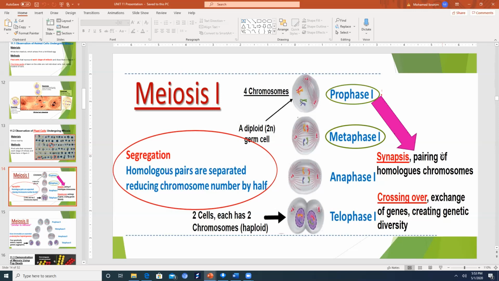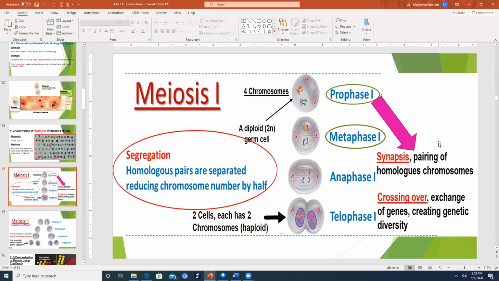22 pairs are basically homologous, one from dad and one from mother. We call those homologous because they are very, very similar. They are not identical though, because your mother and your father are not the same, so their genetic makeup is different. But mother has chromosome 1, father has chromosome 1, and you will have 2 copies of those chromosomes in your cells.